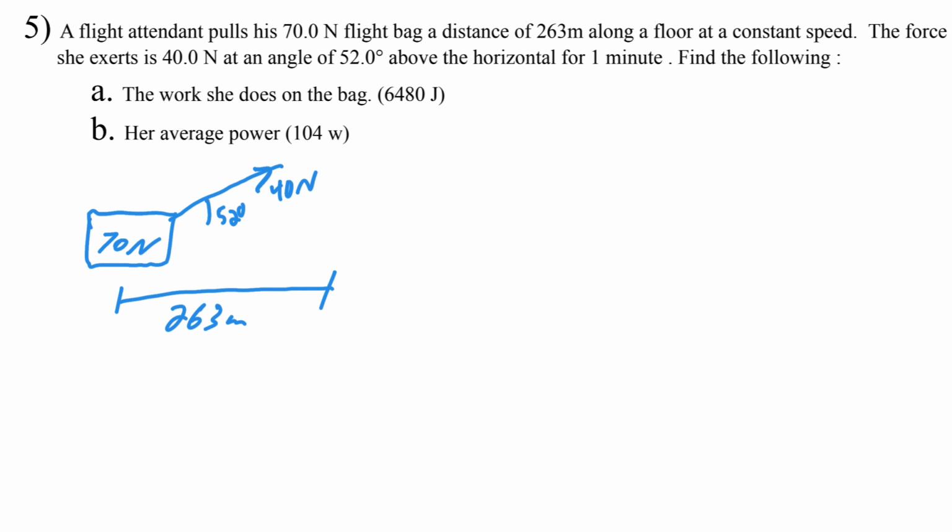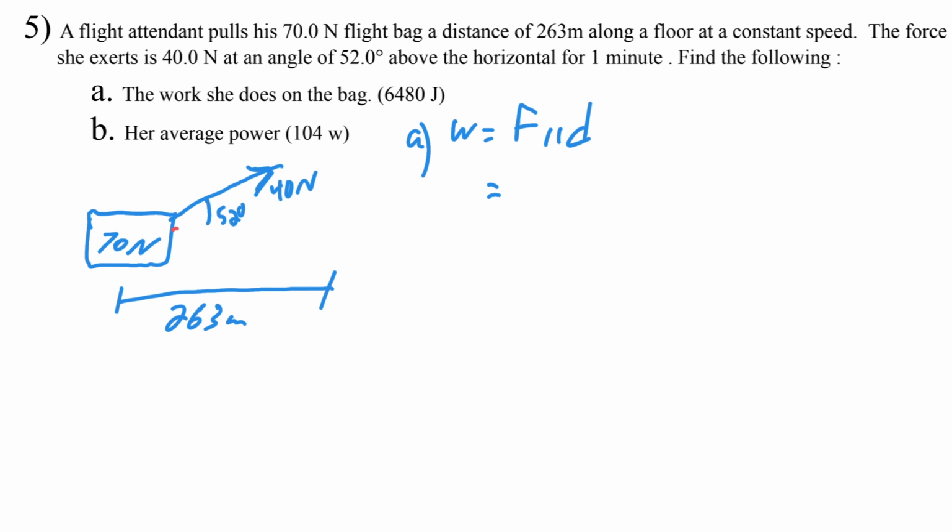All right, so in this one, we are dragging a suitcase across the floor at an angle, right? So we're going to be calculating work and power again. But remember, work is force parallel to distance. So you can't simply multiply 40 times 263. We need that force that's parallel.